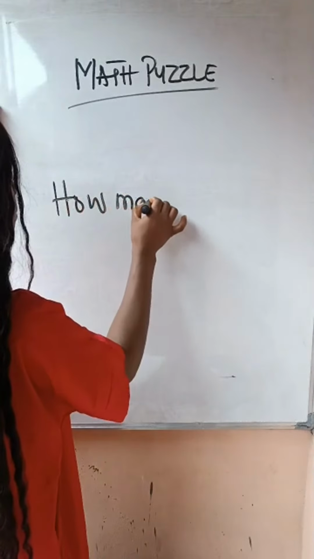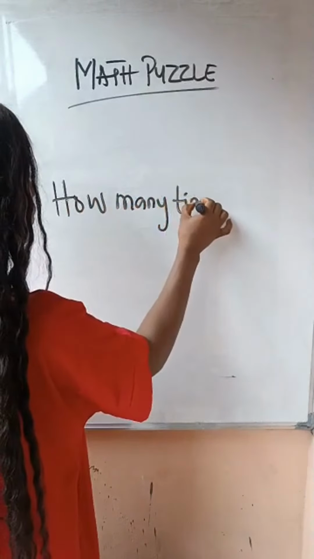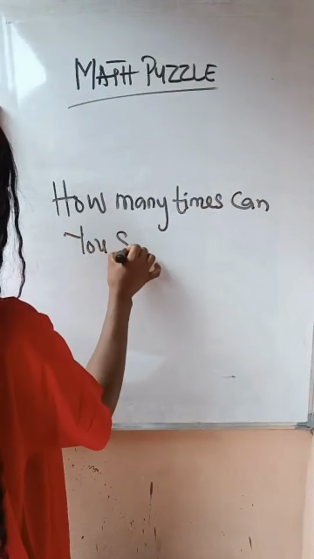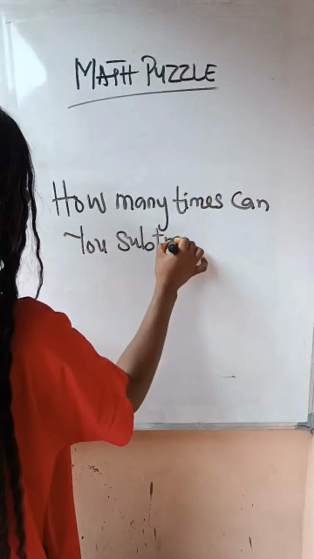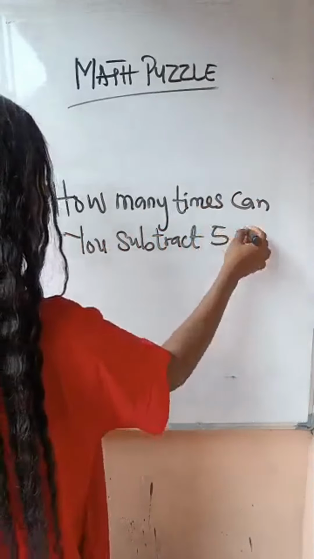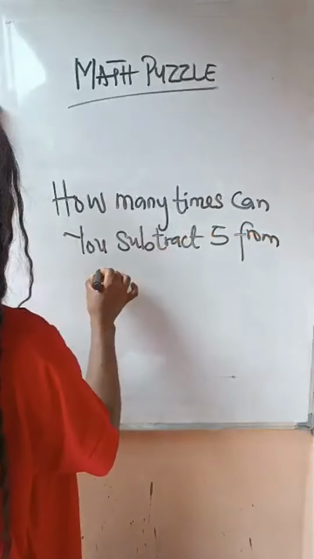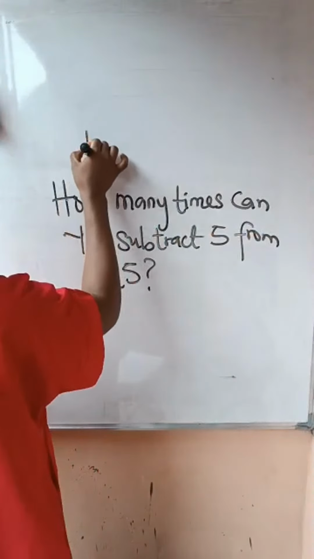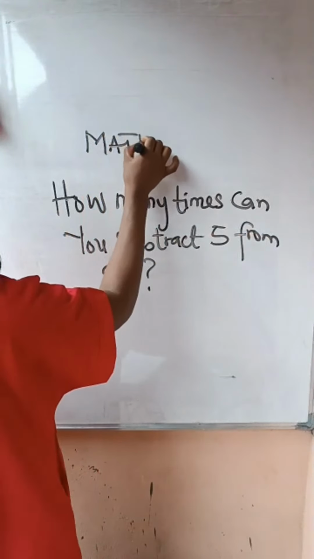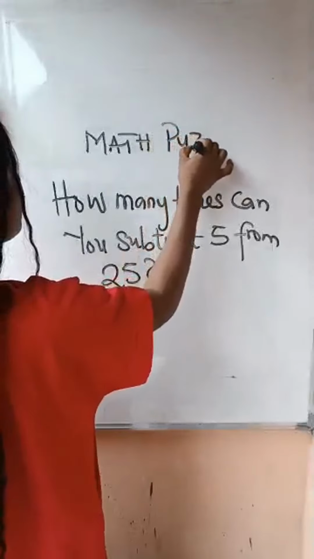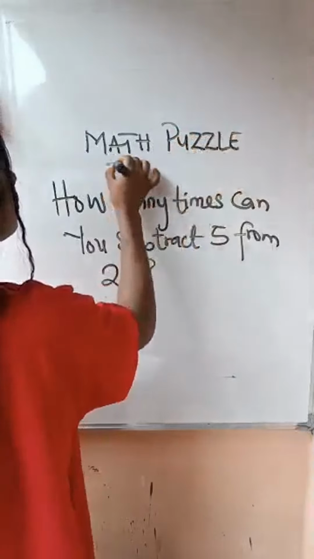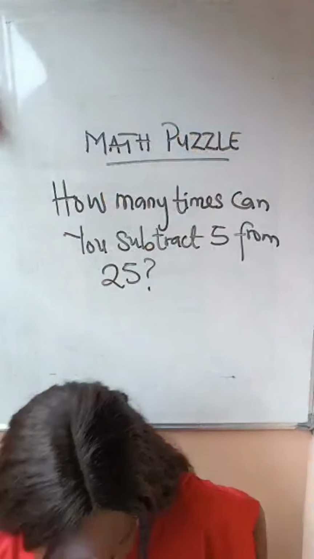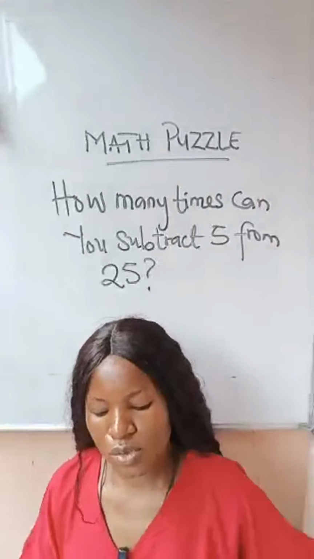How many times can you subtract 5 from 25?